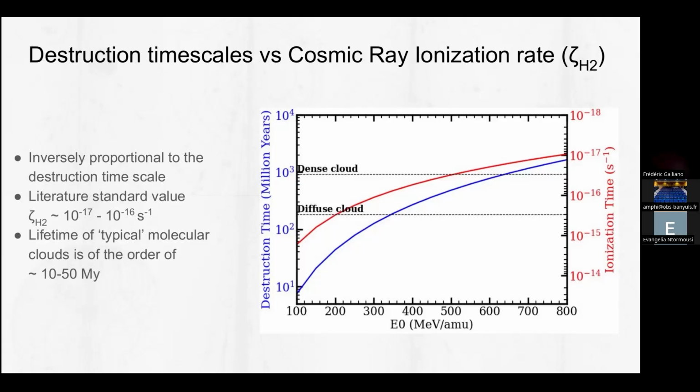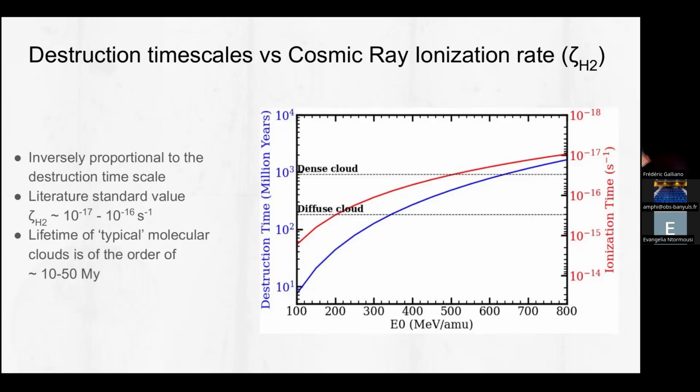We also know by the literature standard value, I don't know about the standard value nowadays, but the cosmic ray ionization rate, at least what we are measuring, is approximately 10 to the minus 17 to 10 to the minus 16, which is somewhere in this regime here, so between the dense and diffuse cloud.